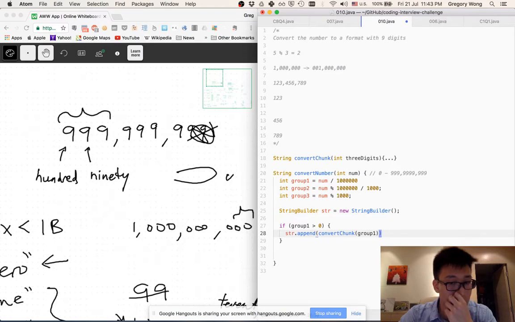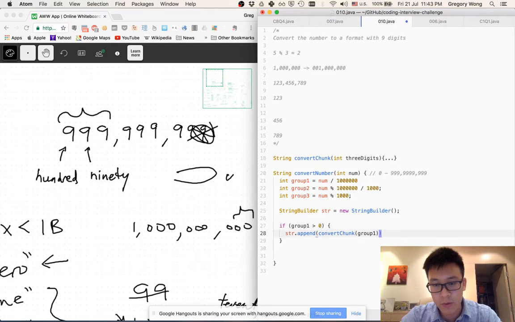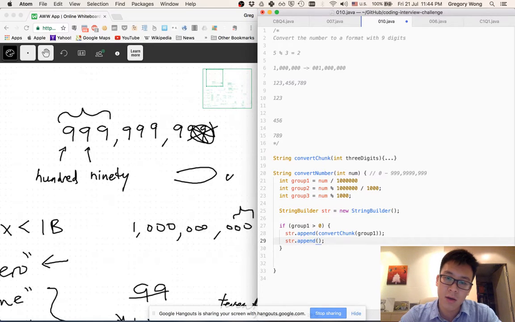So if group 1 isn't 0, if it's greater than 0 essentially, then we convert group 1 into a chunk. So this would be, let's say here, 1, 2, 3, so 123, and then we want to append the unit million, right?